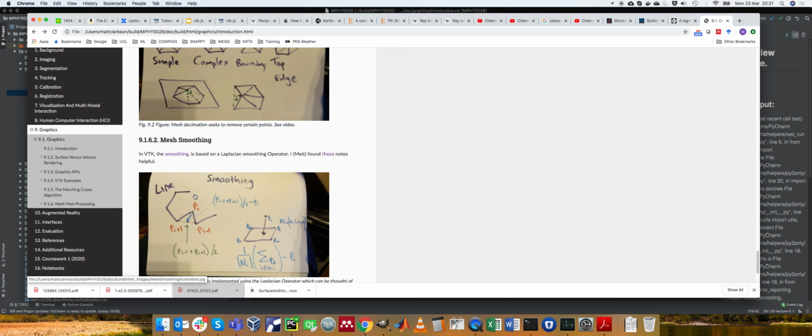So again, this is one method of many that you could use to smooth a surface. I'm sure there's plenty of others, but I've never yet found that I've needed them. I think in computer-aided surgery, there's plenty of other things to be working on, such as tracking, calibration, and registration. This is an interesting part of computer graphics, but it's not one that I spend most of my life doing.